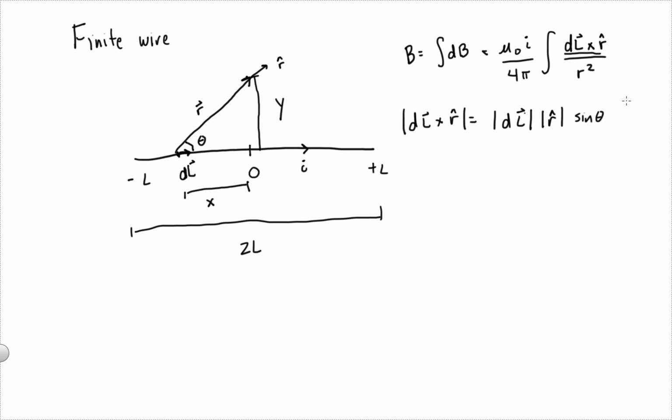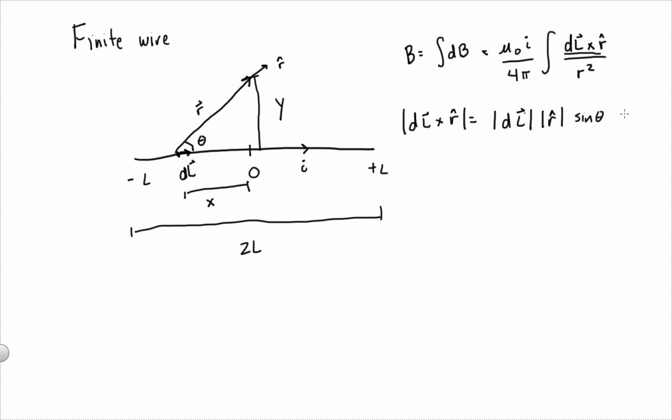And you can do this cross product with the right-hand rule, dl pointing from left to right, and r hat there, which is going to change.